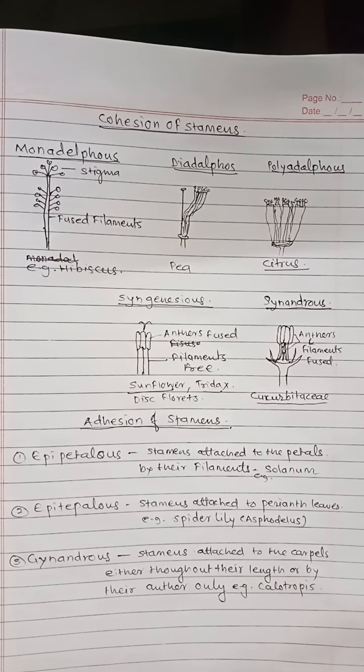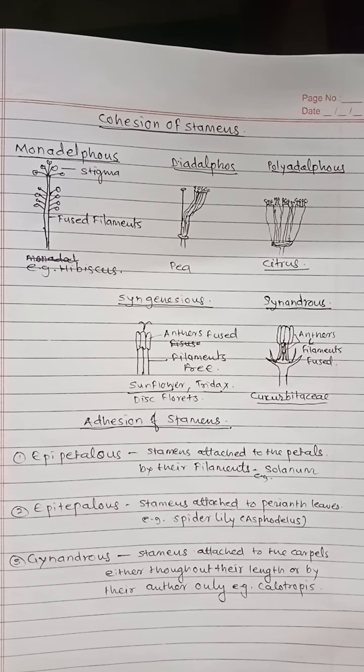Diadelphous. All the stamens of the flower are united in two bundles by fusion of their filaments only, and anthers are free. Such condition is found in members of the family Papilionaceae or Fabaceae.